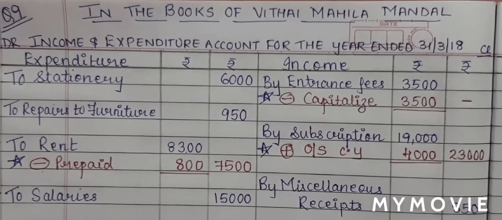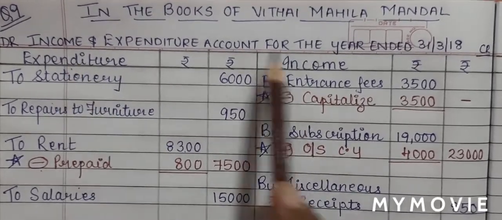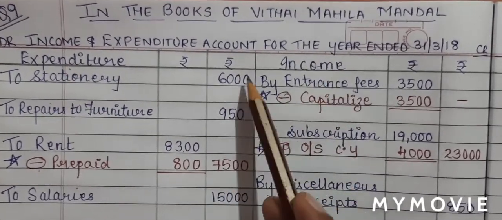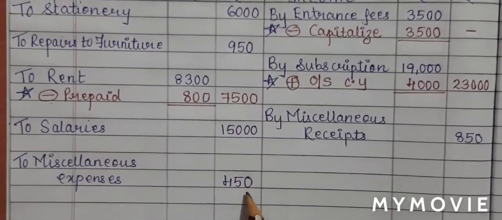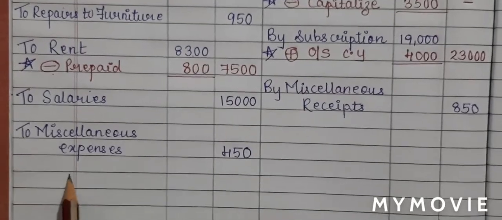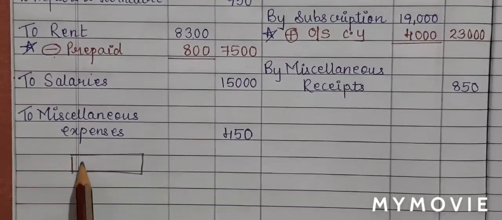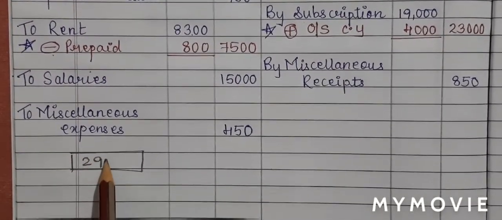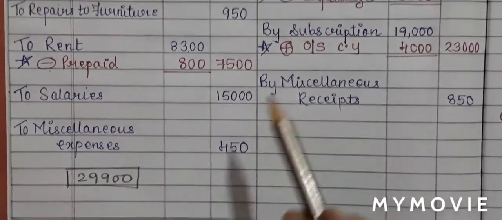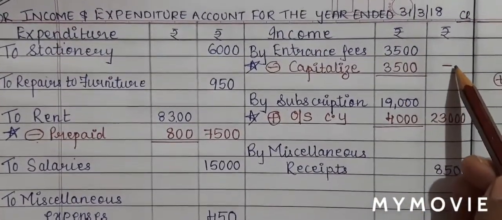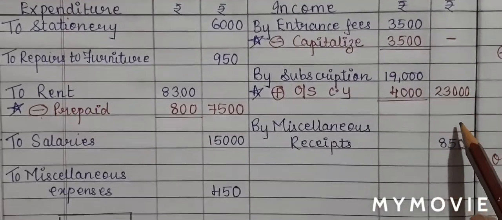First, we will close our income and expenditure account. I will first total the debit balance of expenditure. When I total the debit balance of expenditure, I get a total of 29,900. Now in the same manner, I will total my credit side, that's my income.